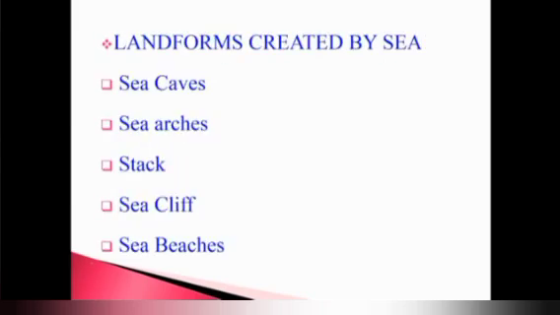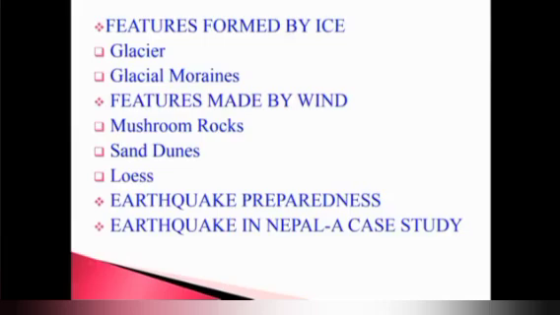Next, we are going to learn about landforms created by sea. Under this, we have sea caves, sea arches, stack, sea cliff and sea beaches. Next, we are going to learn about features formed by ice. Under this, we are going to see glacier, glacial moraines.